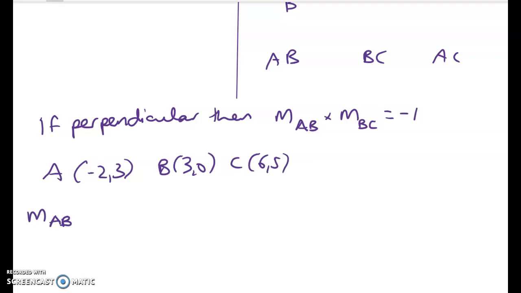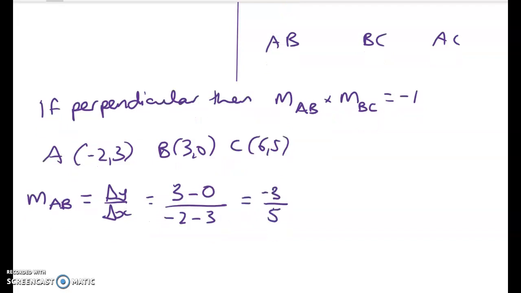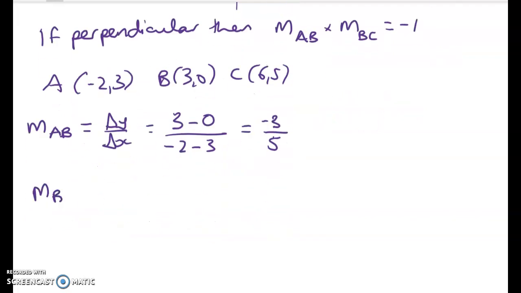So the slope between A and B is equal to the change in y over the change in x. We can go with whichever one of those we want. So we'll do 3 take away 0 over -2 minus 3, which gives me -3/5. And now we do the same thing with B and C. So the gradient between B and C, this time we're going to go this one take away this one, so it's going to be 5/3.